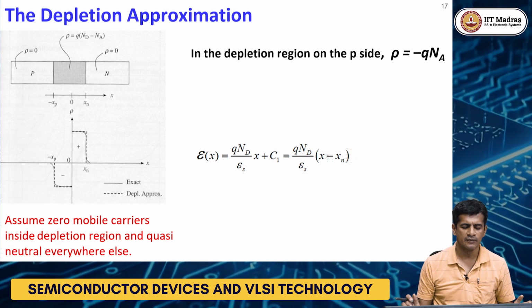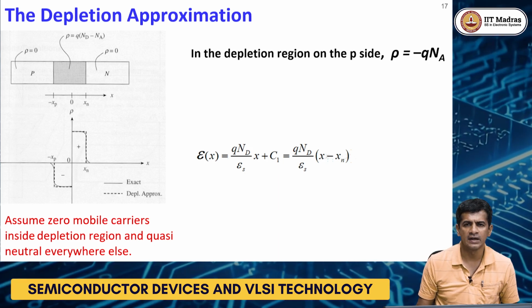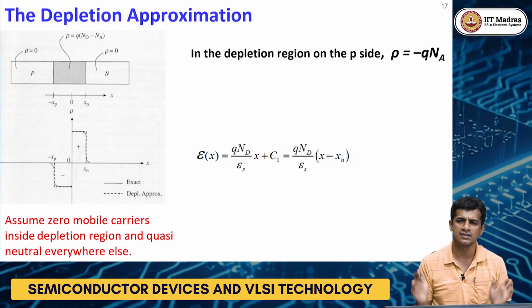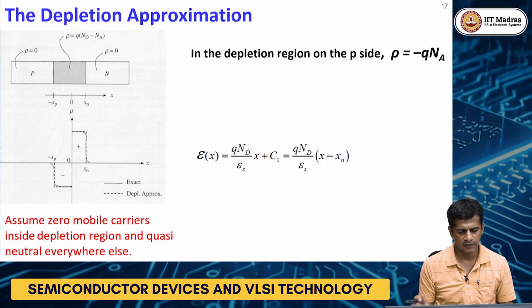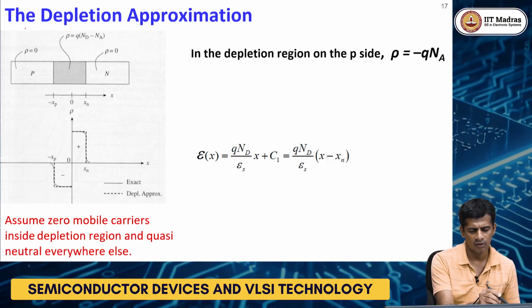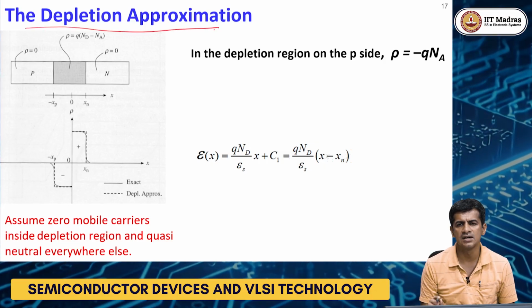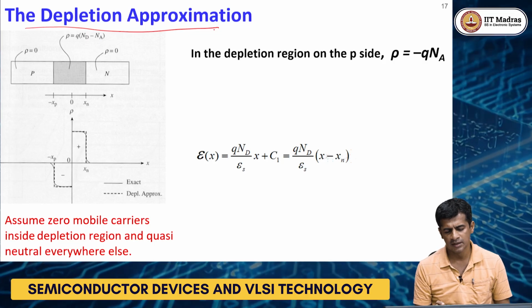Now our goal is to derive a functional form of the electric field and the electrostatic potential. To do that, we are going to take an approximation known as the depletion approximation.